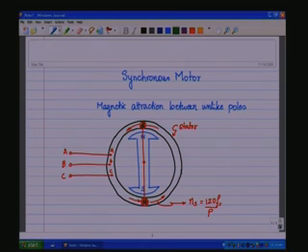Now as the dumbbell, that is the stator generated magnetic field, is rotating, by magnetic attraction it is also going to pull the rotor poles along with that, and as a consequence the rotor is also going to rotate along with the stator magnetic field.